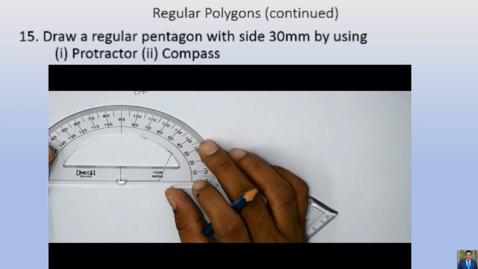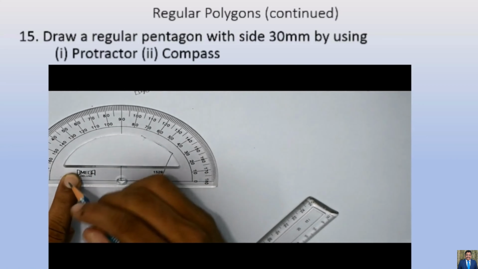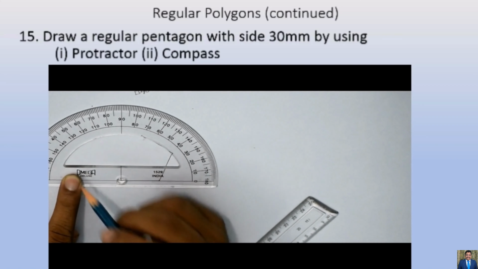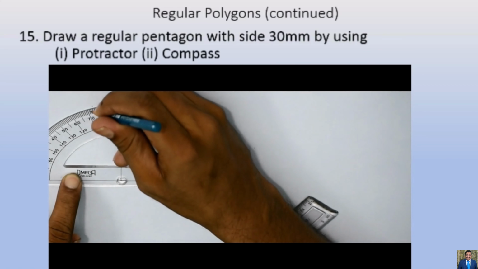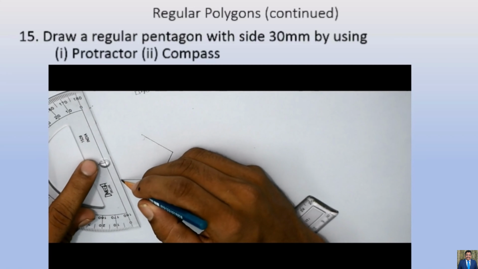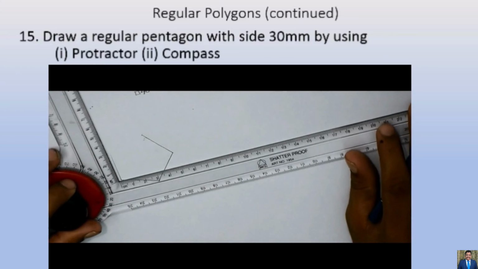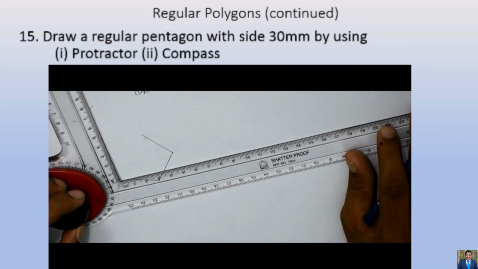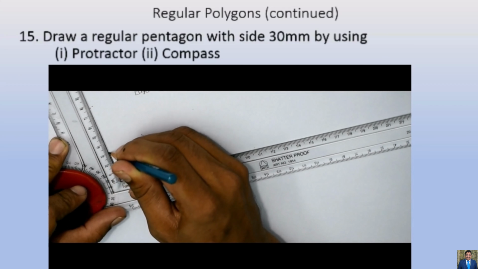Again I will align the protractor scale with the first line, or else I can align with the third line also. But here from this side also I will show you. Now we have to take from this side. Don't get confused. The protractor will have markings of angles from both sides, but it depends from where the reference point is. So this is going to be 30 again.